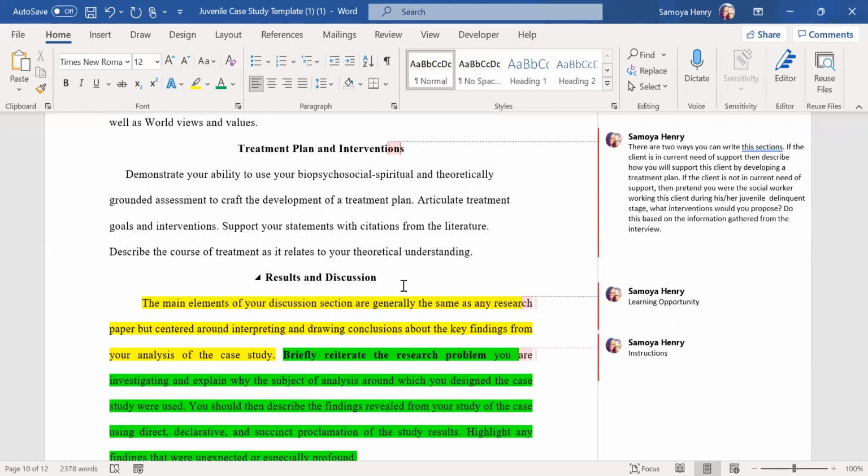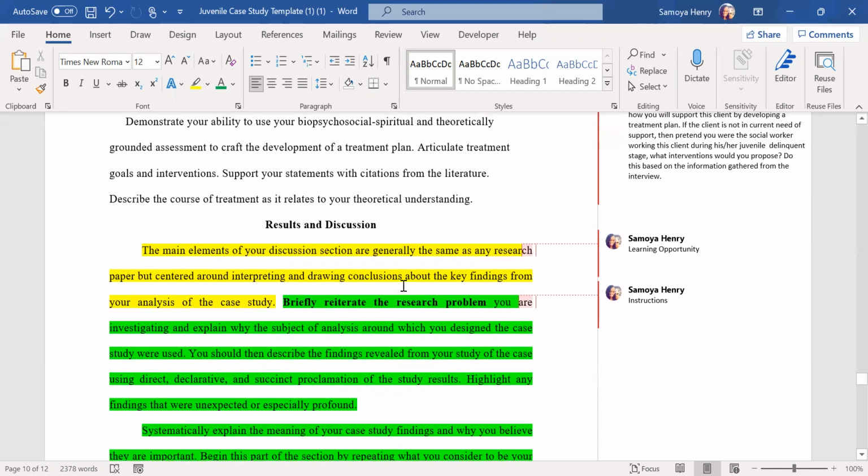That is not going to take more than 2 paragraphs, and you can do a quick bit of research, right? To show that yes, CBT has been used to support anger management. Psychoanalytic therapy has been shown to improve the lives of sexually abused children, or something like that, and you support that using your literature.